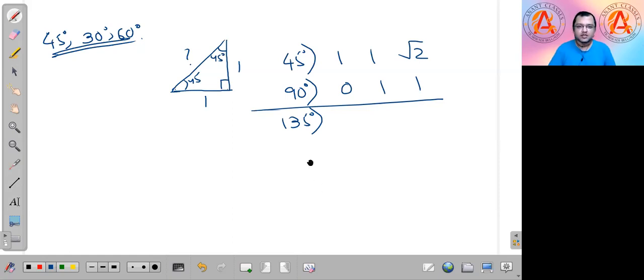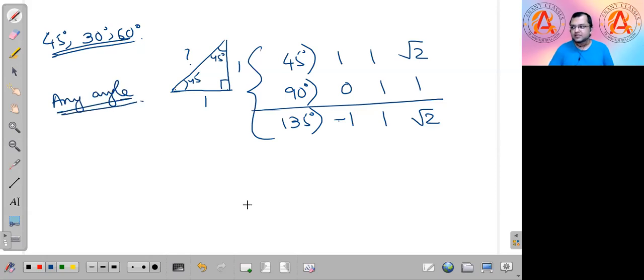Minus 1, 1, root 2. Yes. So now you are getting the answers. Now little slowly you can understand what is the use of these methods that we are learning. See, we can generate triple for any angle. Any angle is possible. We'll see a lot of beautiful things as we move ahead. This much is clear, our 135 degree calculation.